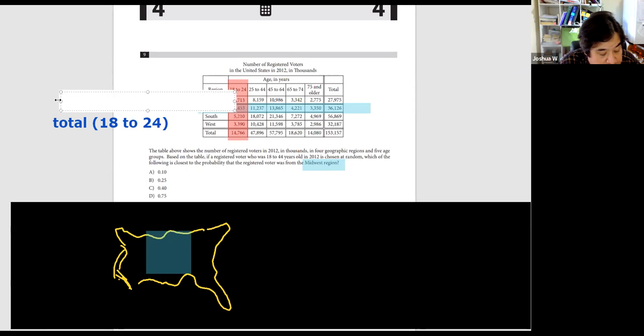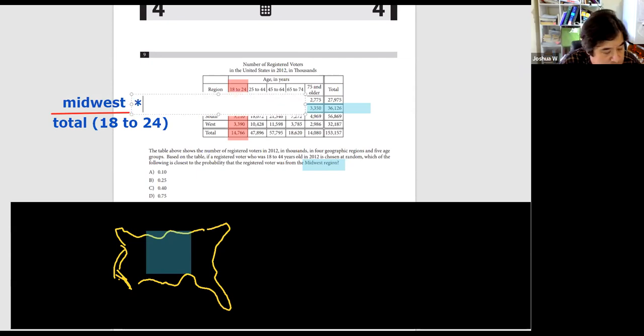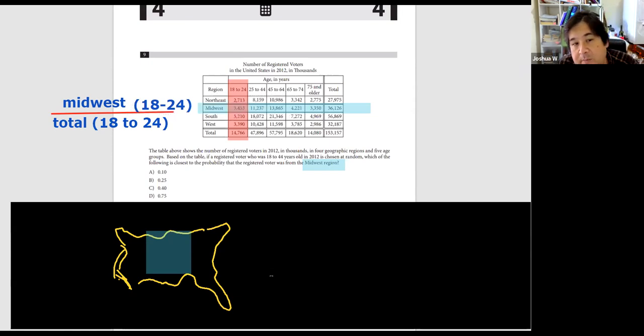But from that subgroup, we'd set up the numerator. So this is called conditional probability. So with that in mind, what numbers would we write for the numerator and the denominator here?